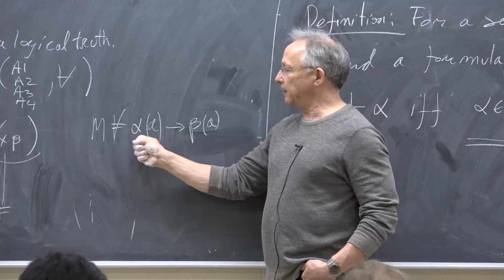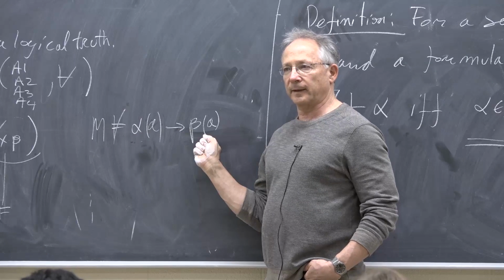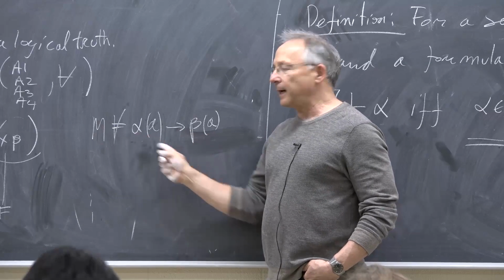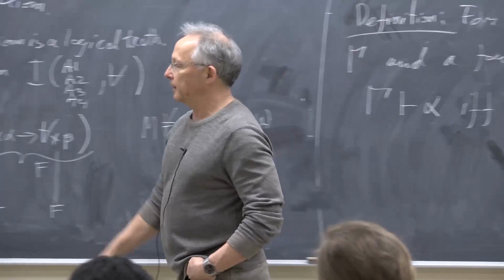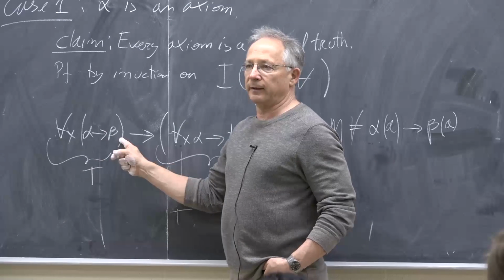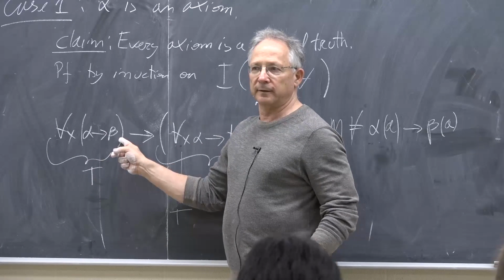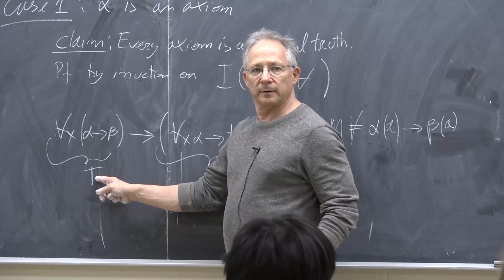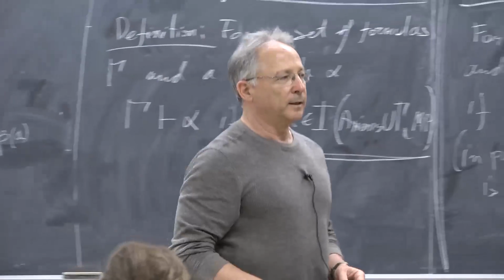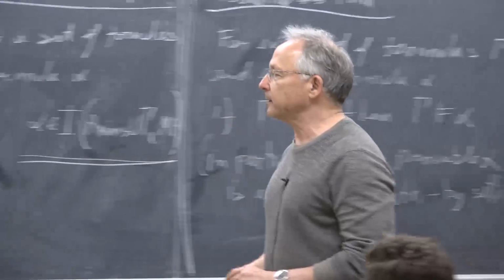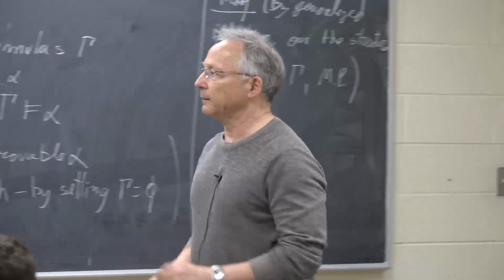So for that A, I get true arrows false. But if there is some A for which this implication is false, it couldn't be the case that for every X, alpha arrows beta holds in my structure. So this cannot be true. So I cannot be in the situation where this formula is not satisfied.